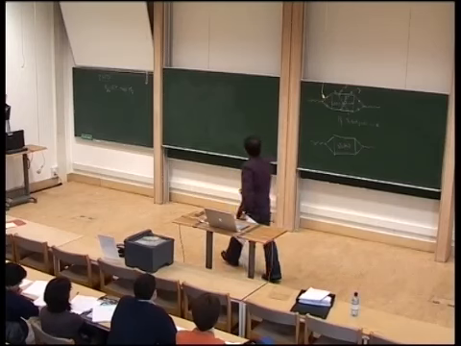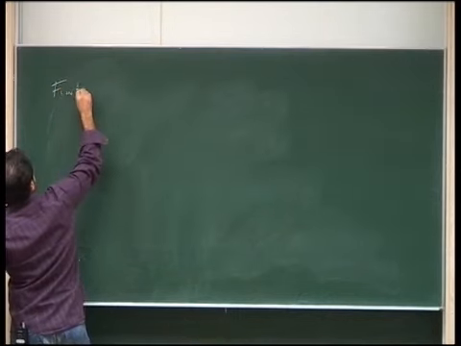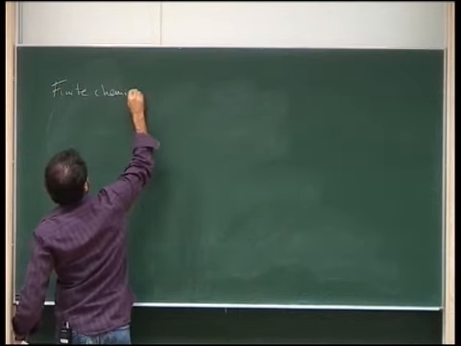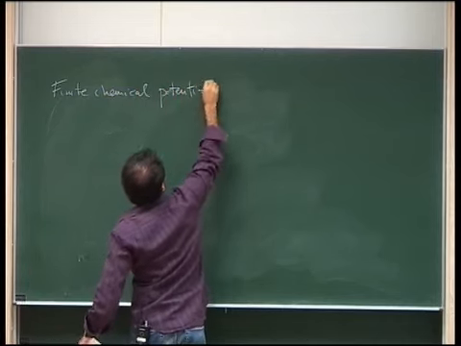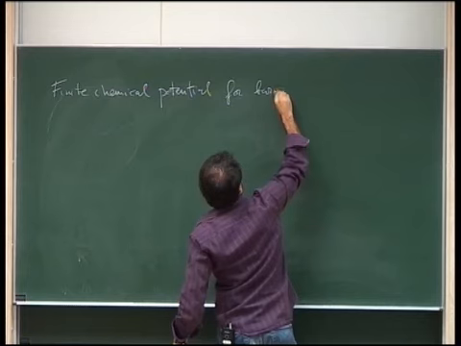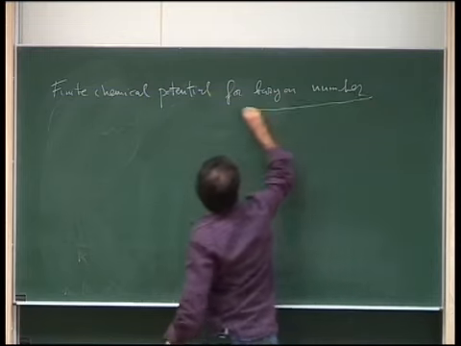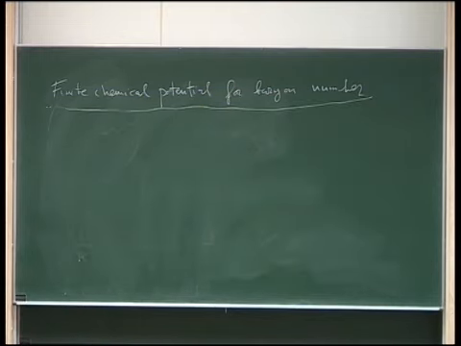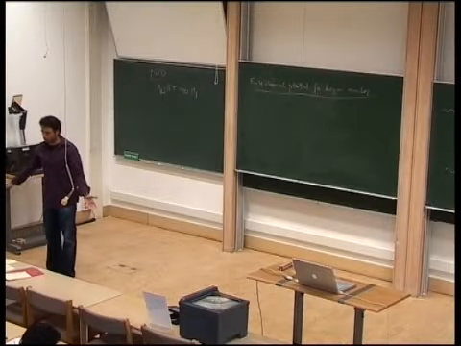So what's the motivation for looking at finite chemical potential? The motivation is that we want to understand not only QCD at finite temperature, or the vacuum of QCD, but the entire phase diagram.